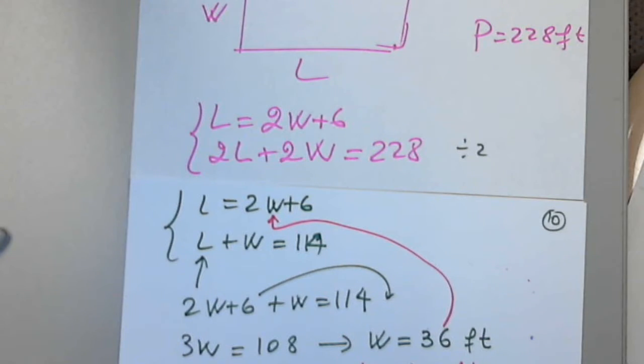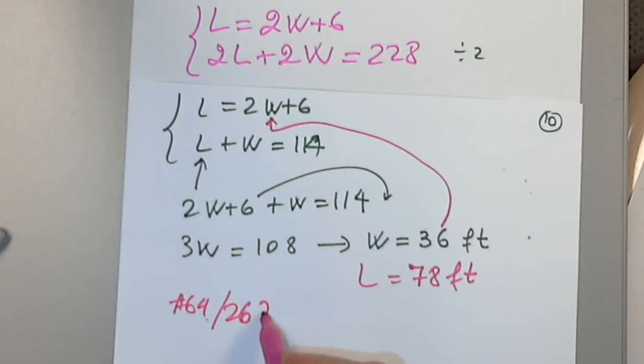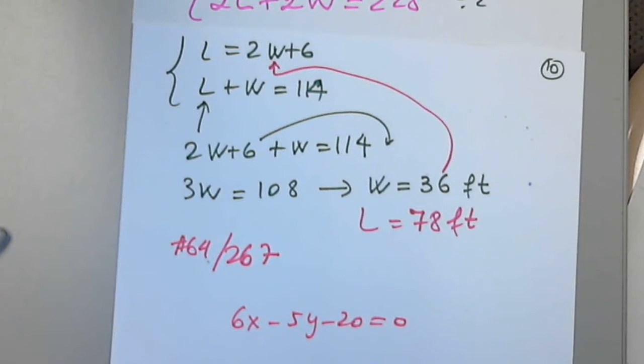So let's look at 64. On page 267, we are asked to graph. What type of equation is this? Yes, it's linear. Correct.